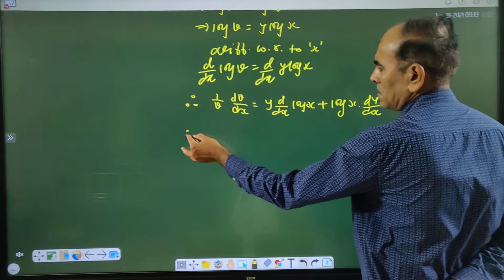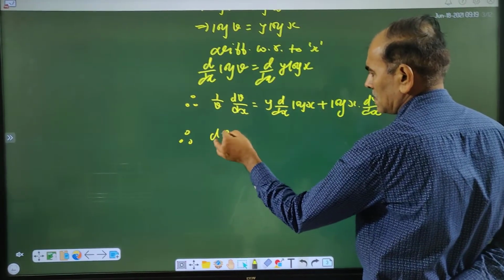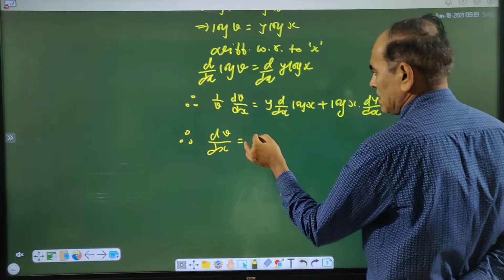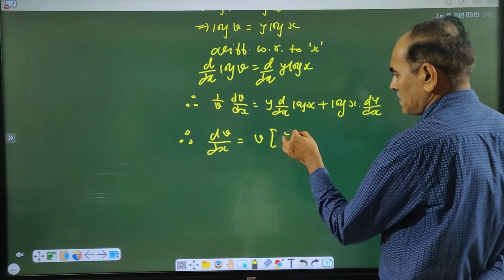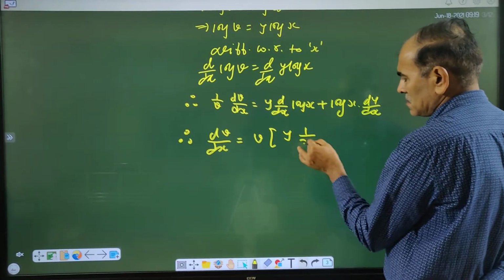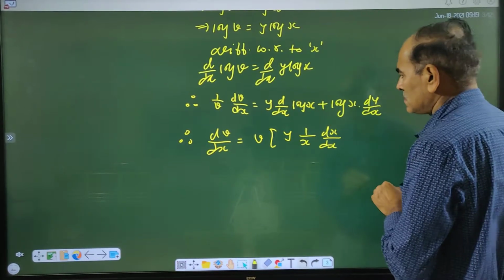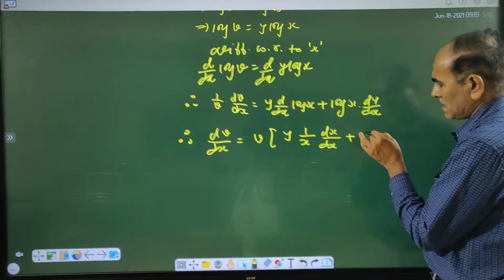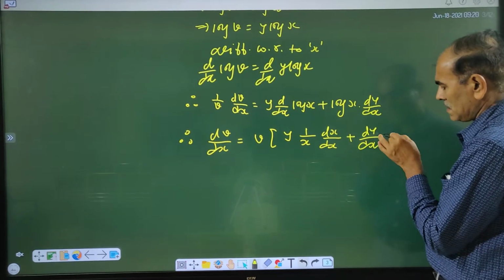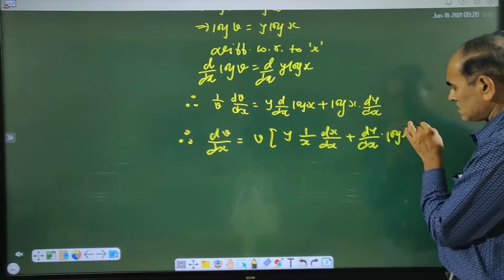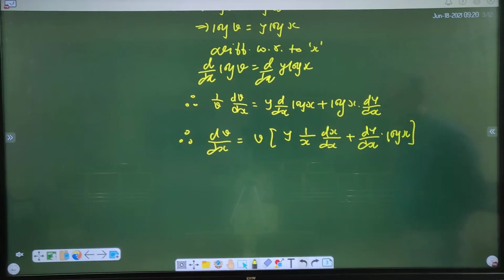So therefore dv by dx is equal to v times, for log of some function, 1 by the function d by dx of the function. Write dy by dx first: dy by dx into log x. Replace the value.